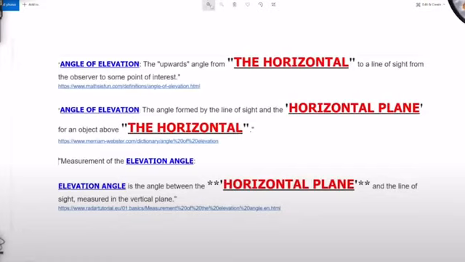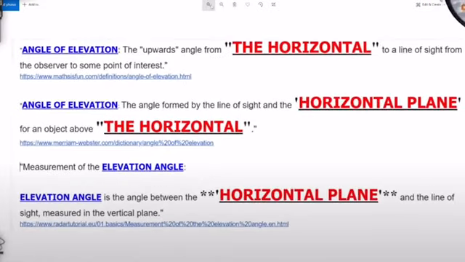Let's check this out. The only way you're going to get around this, baltards, you can't do it. You have to change all the definitions of elevation angles. So, Math Is Fun: angle of elevation, the upwards angle from the horizontal to a line of sight from the observer to some point of interest.